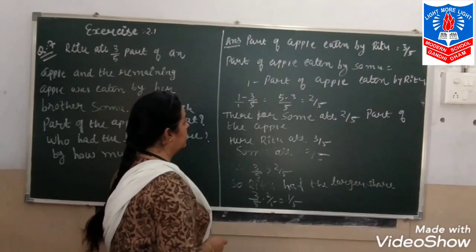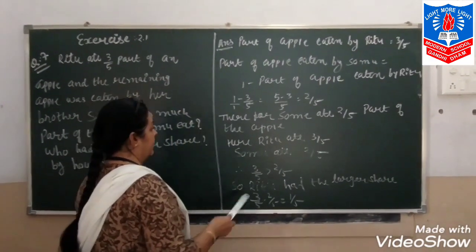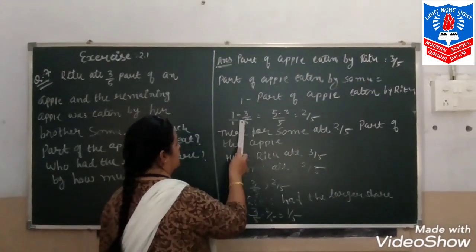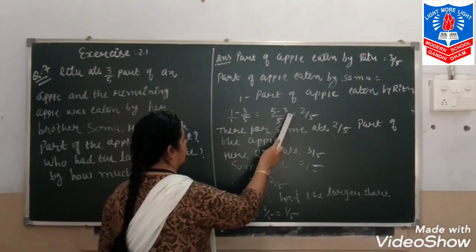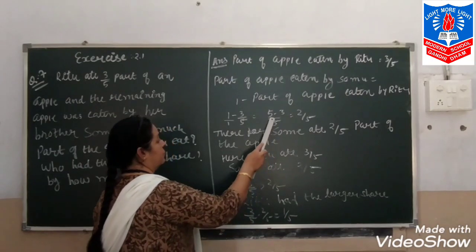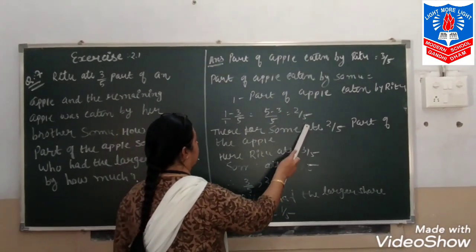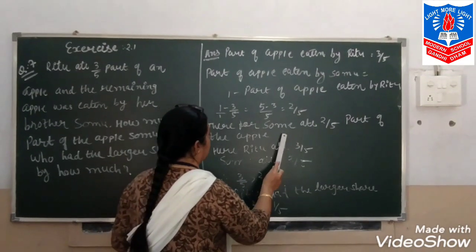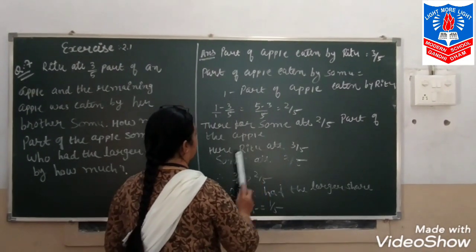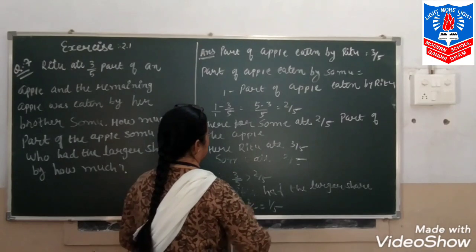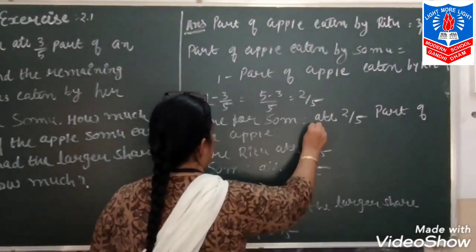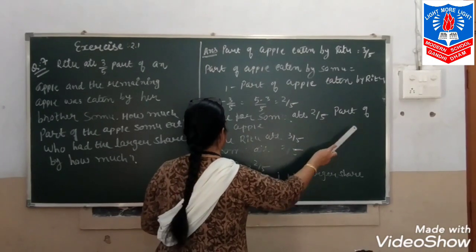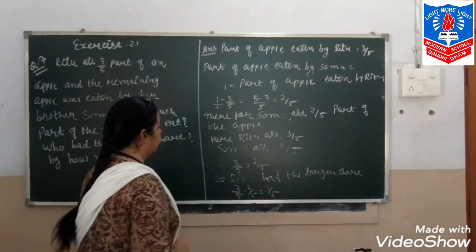So we write here 1 and the LCM of 1 and 5 is 5. So 5 ones are 5. 5 minus 3 upon 5. 5 minus 3 is equal to 2 by 5. Therefore, Somu ate 2 by 5 part of the apple.